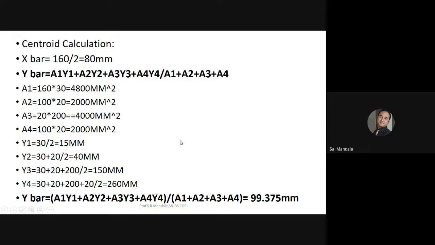What is the second step? Anybody? Rishikesh?